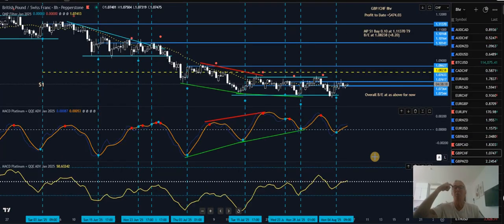Pound Swiss, this is one of these that's given me a bit of grief all the way from back here. 1, 2, 3, 4, 5, 6, 7, 8, 9, which should match there, trade 9, yep. The good thing is I've already got $474 in the bank. So I've been taking a few sell trades on the way down. Anytime a valid MACD Platinum or HP trade presents, I take it. So it's been giving me a bit of cash on the downside.